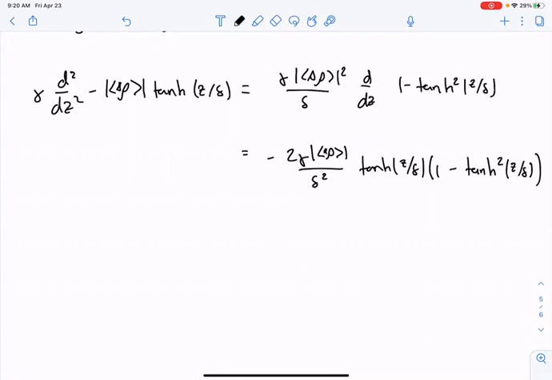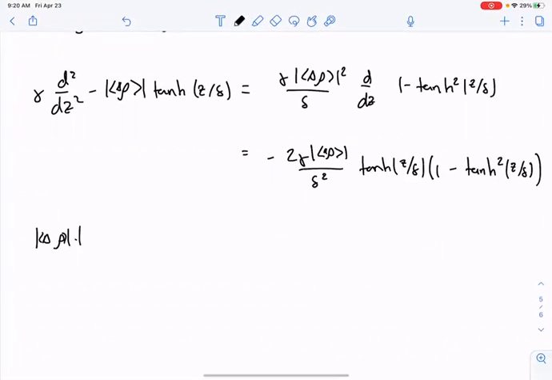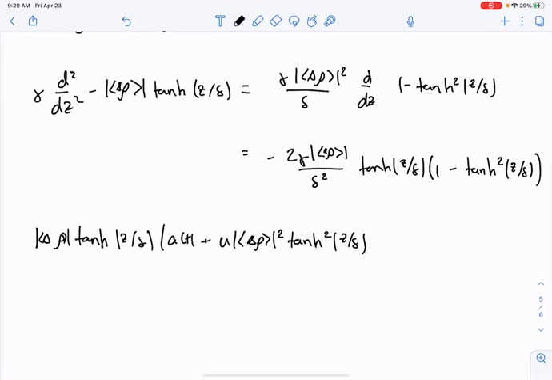Our left-hand side, I can pull out one common factor of hyperbolic tangent. That gives me A plus U times 2 factors of that and 2 factors of hyperbolic tangent.